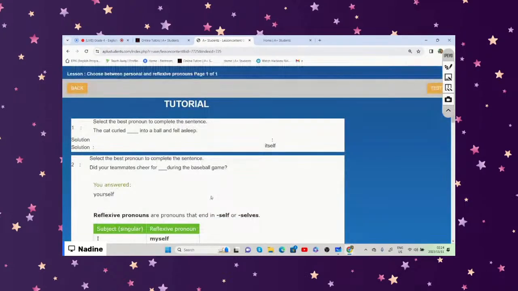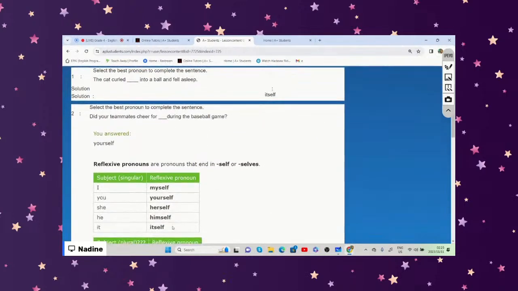All right, so now it says we need to select the best pronoun to complete the sentence. The cat curled into a ball and fell asleep. So we need to use one of the pronouns. Do we say the cat curled myself?